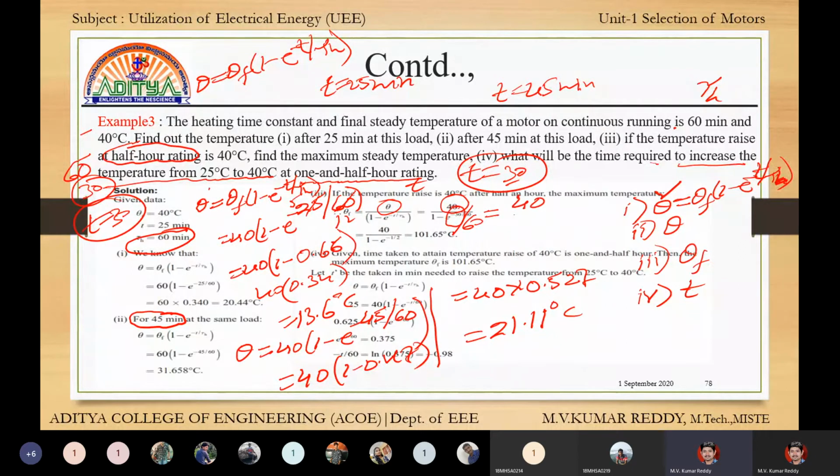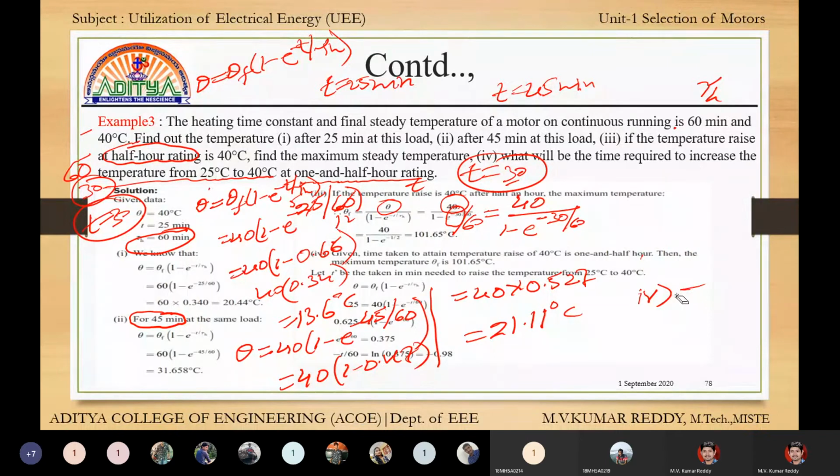Now theta is 40, divided by 1 minus e power minus 30 by 60, that is minus 1 by 2, which is 0.5.